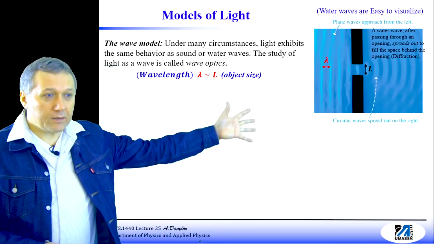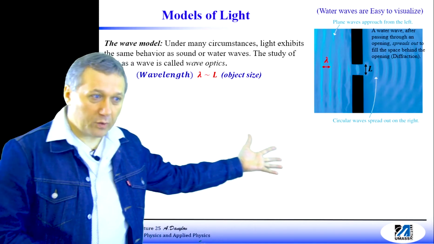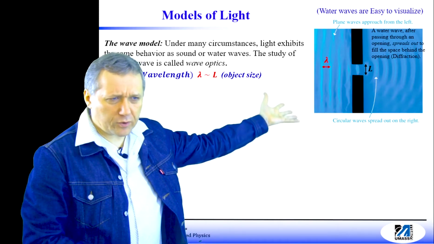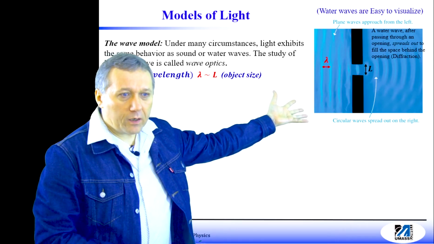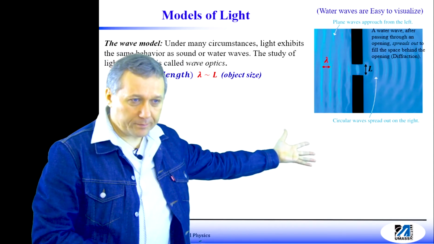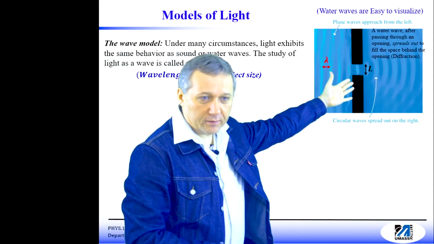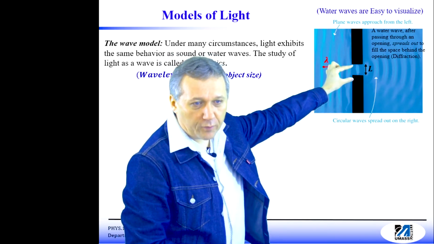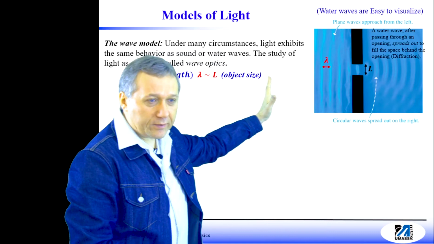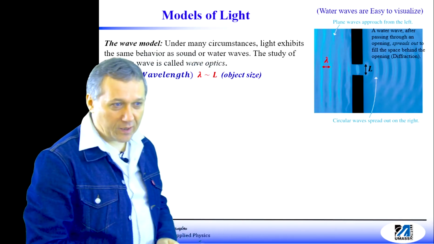Then, in order to demonstrate this, I found this picture, I think from the book. It's an example with water waves, or waves on water. We have a black screen with an opening of size L. And then there are waves on water propagating towards this opening.